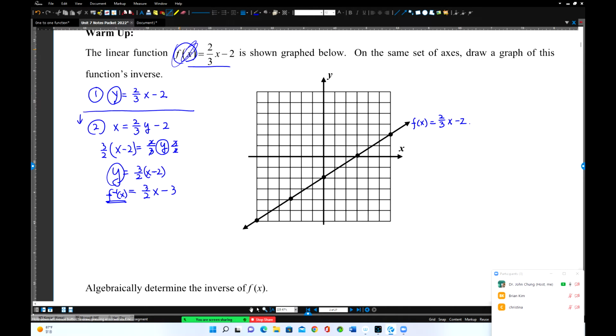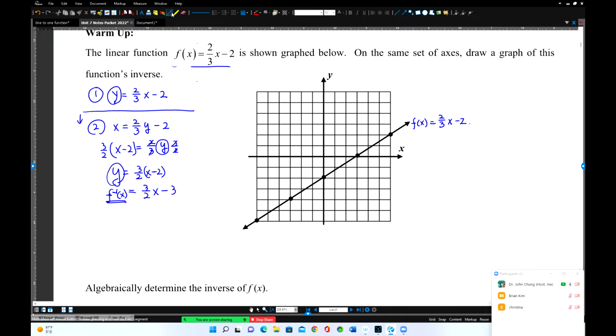Now check out the graph of this one. I'm going to use a different color. I said the y-intercept is minus 3, but let me check. No, it can't be minus 3.